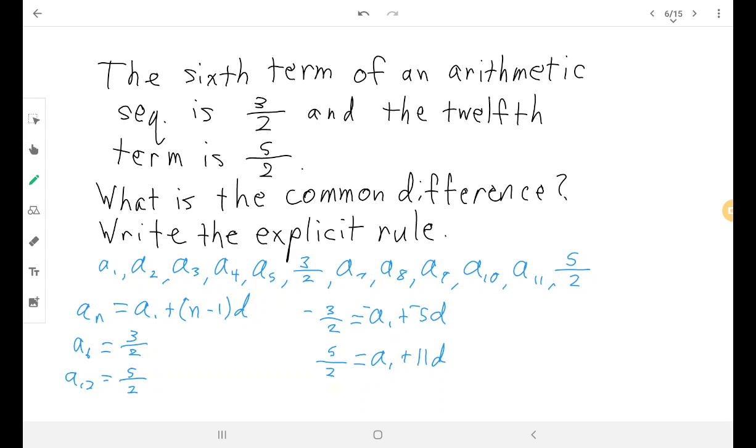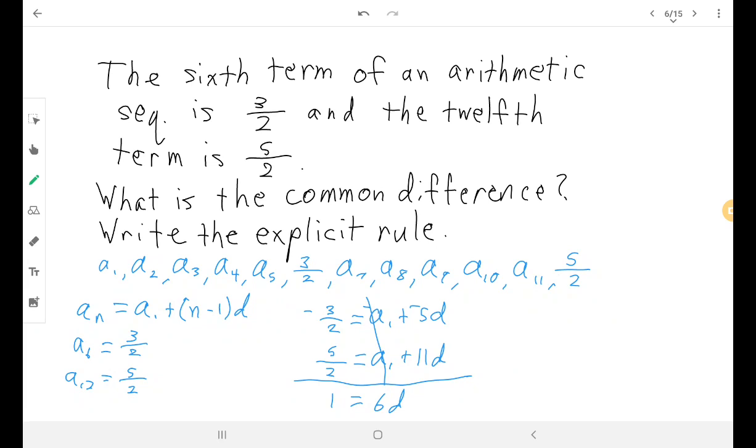And that's going to get me, at the moment, my common difference, right? So if I do negative 3 halves plus 5 halves, that's 2 halves, 2 over 2, or 1. Negative a sub 1 plus a sub 1 will cancel, so that'll just be 0. And then negative 5d plus 11d is just 6d.